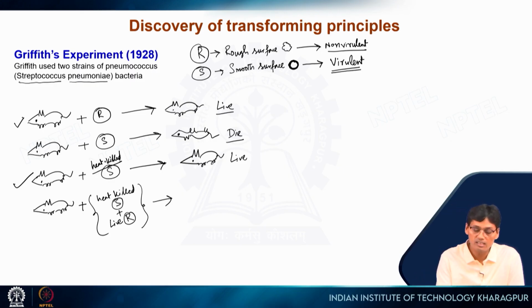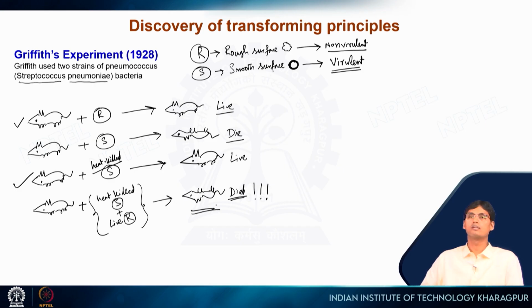But in this case, surprisingly, he found that the mouse died. This was very surprising at that time, because individually the heat killed S strain cannot cause the disease, and at the same time, live R cells also cannot cause the disease.